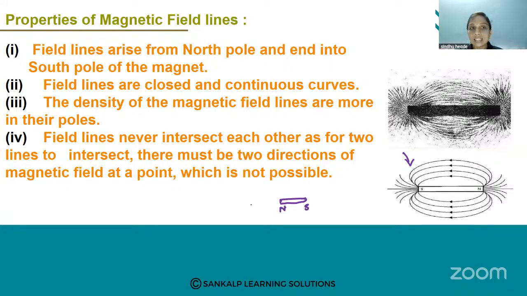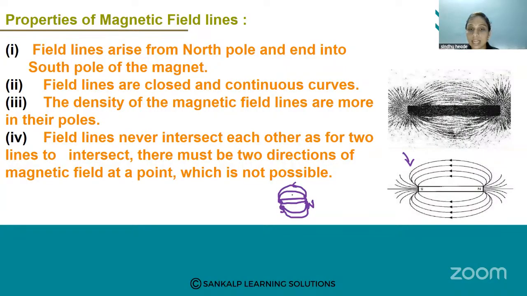Field lines arise from north pole to south pole. It is always like this, north to south. So the arrow mark shows the direction like this.